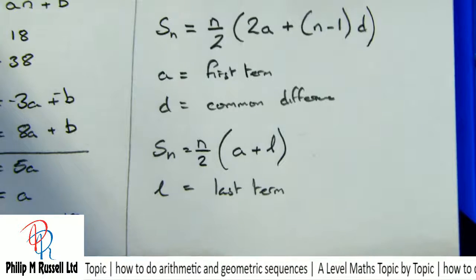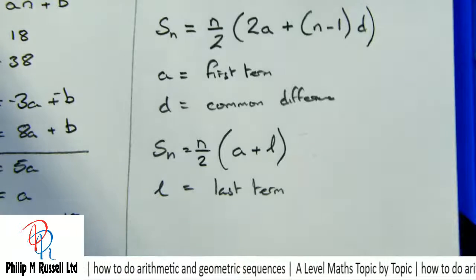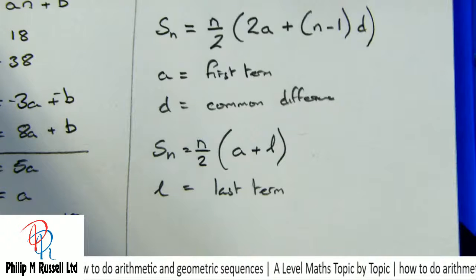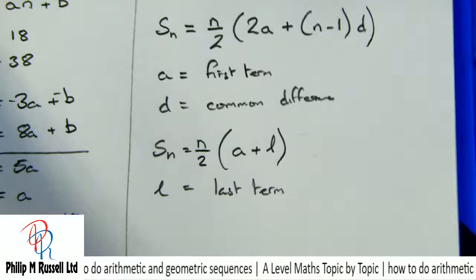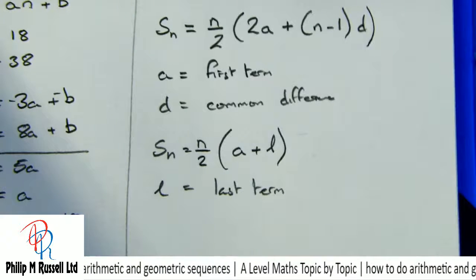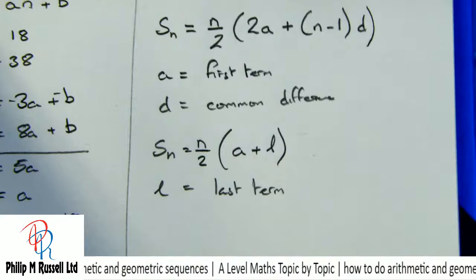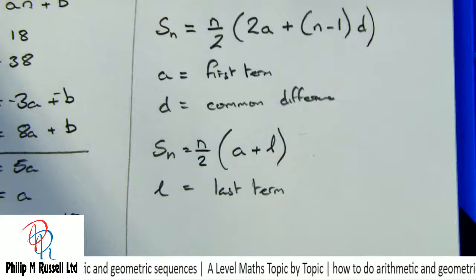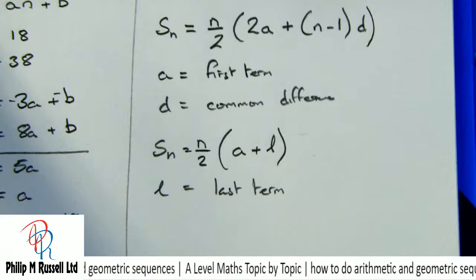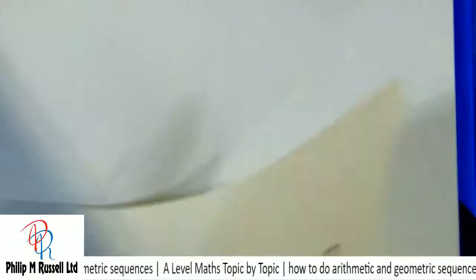So we might get a sequence that we can try to work out. Let's suppose we want to work out the first 50 terms of some sort of arithmetic sequence, and we're going to start with a number.